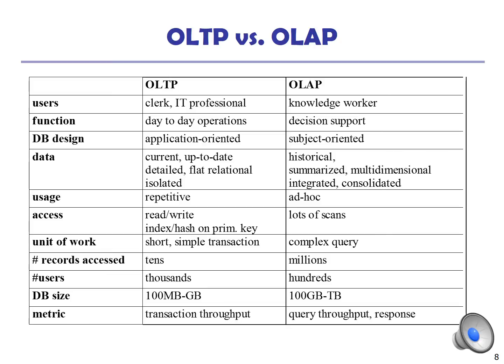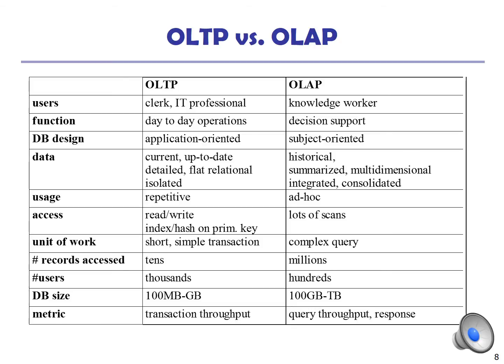Online analytical processing requires lots of scans of the data in order to learn about the data. The unit of work in transaction processing is a short, simple transaction. On the other hand, in online analytical processing, the unit of work is a very complicated query. Now, the number of records accessed in transaction processing is very few.